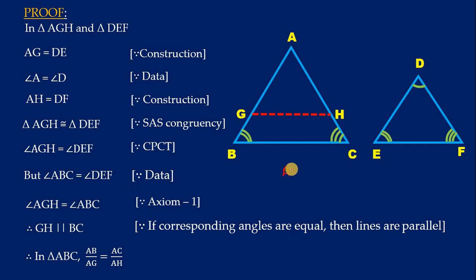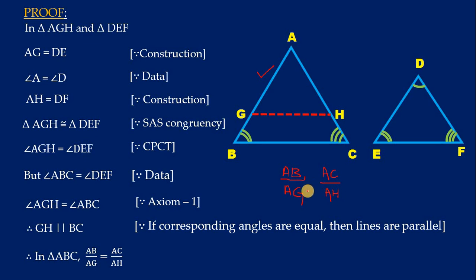Means we are writing AB by AG, and here we are writing AC by AH.